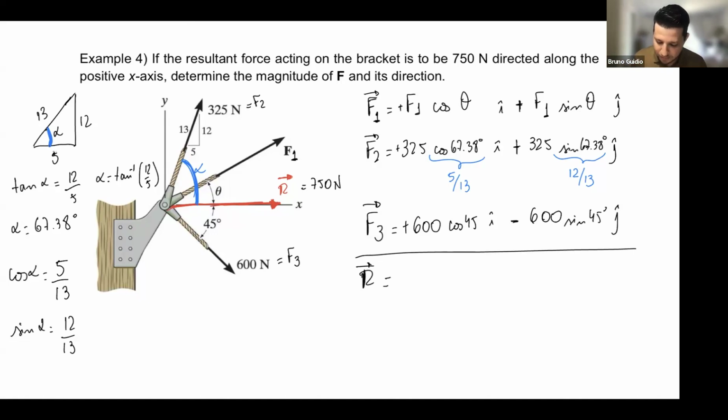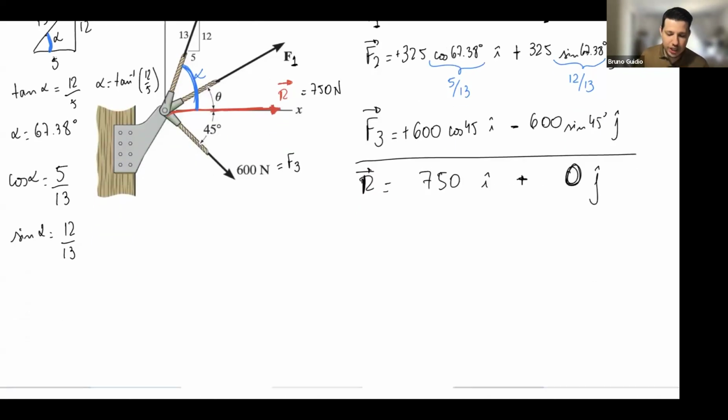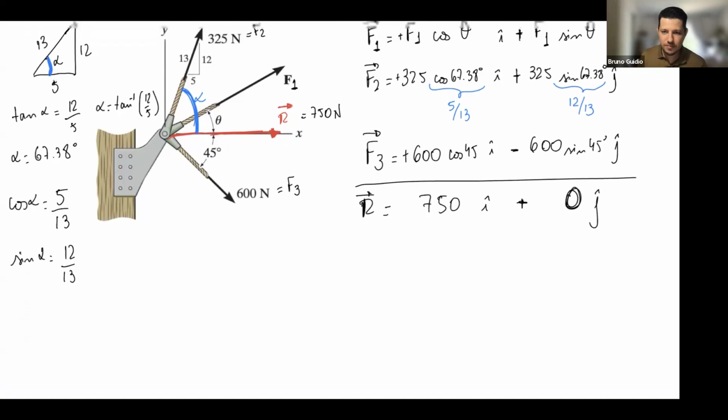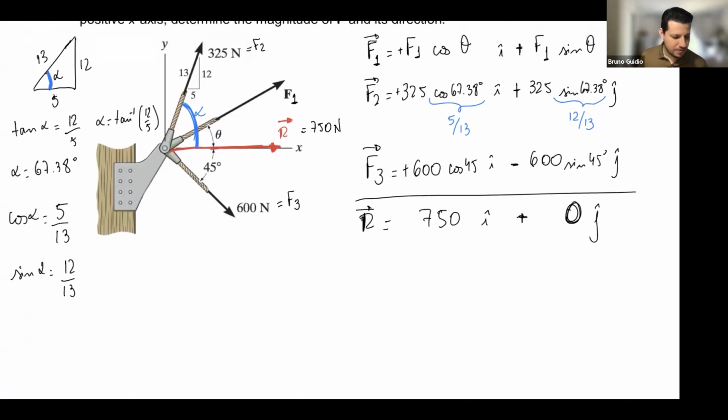Remember, we have 750 i hat, and 0 j hat, because it is along the positive x-axis. This should be the resultant. Sounds good?